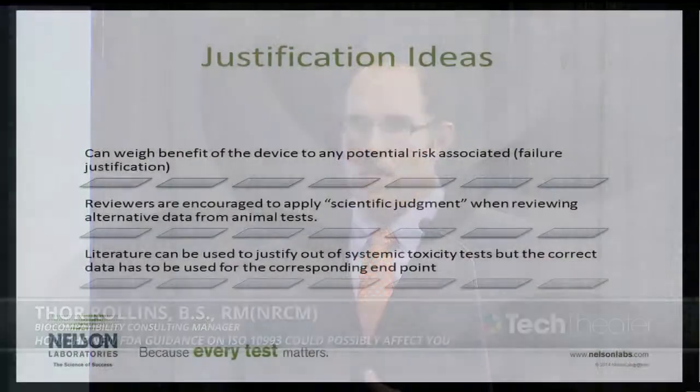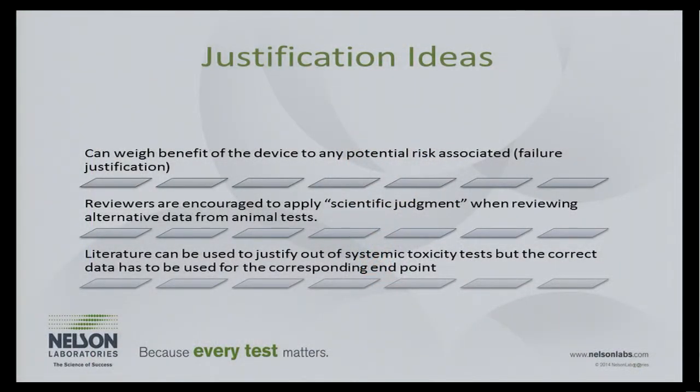Literature can be used to justify out of systemic toxicity tests, but the correct data point has to be used. If you need help with this, let us know, but you can actually go into the literature and look for toxicity tests that have been run on your material, as long as you're looking at the same toxicity endpoints. So if you're trying to justify out of subchronic toxicity, you have to find subchronic endpoints. If you want to justify out of subacute toxicity, you have to look at subacute endpoints.